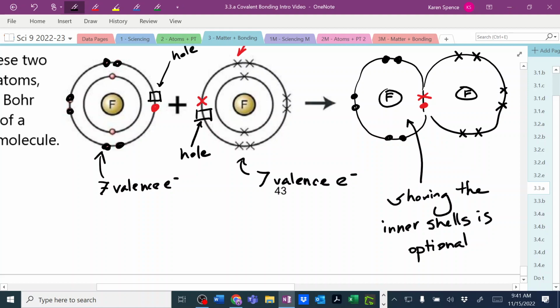If you need to draw the inner shells to figure out how many valence electrons there are, that's perfectly good. Do it. But if you can figure out how many valence electrons are on that outer shell without drawing the entire Bohr model, you can just go straight there. So that's up to you, whatever makes it easier.